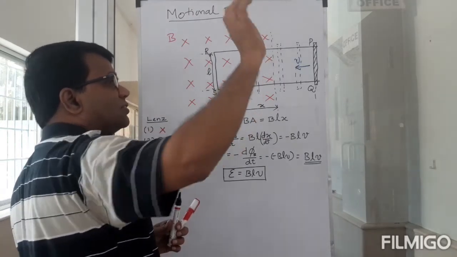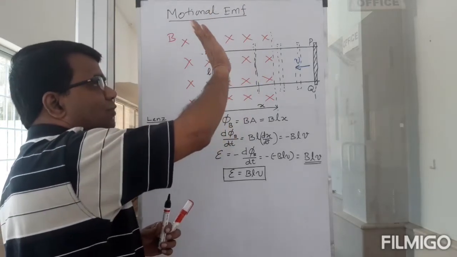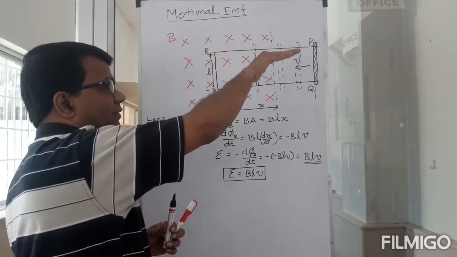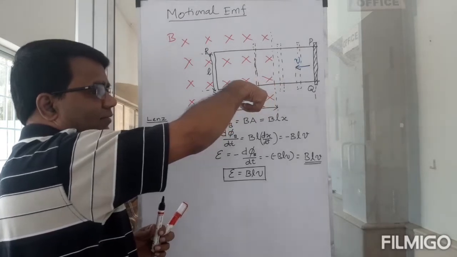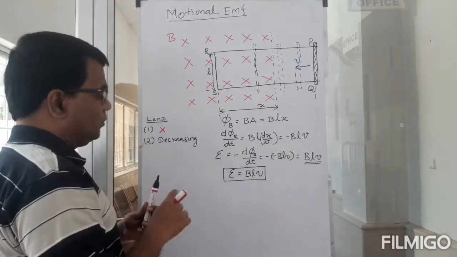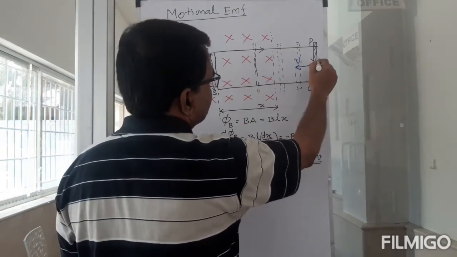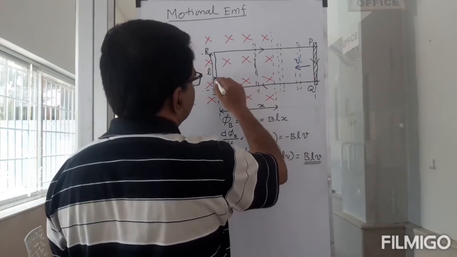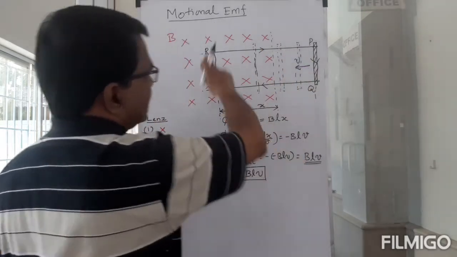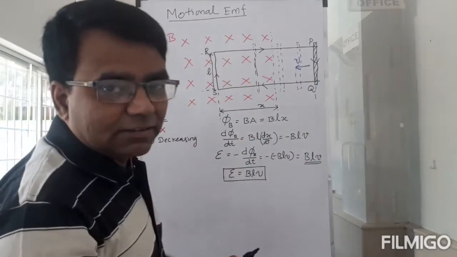If the flux has to go in this direction, then what should be the direction of the current? It is like this. So the current will flow like this.